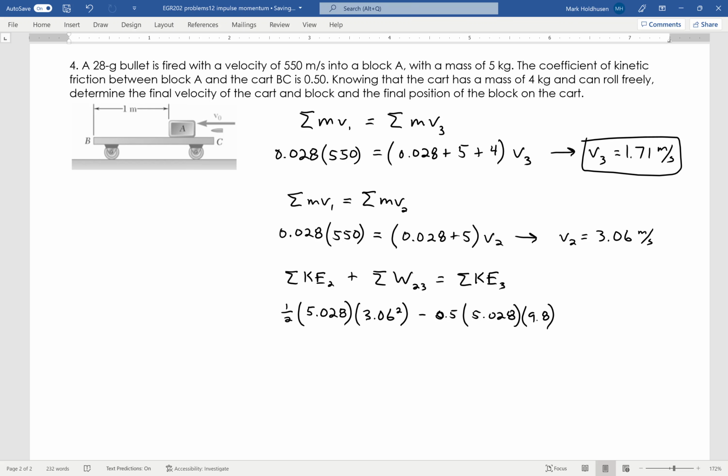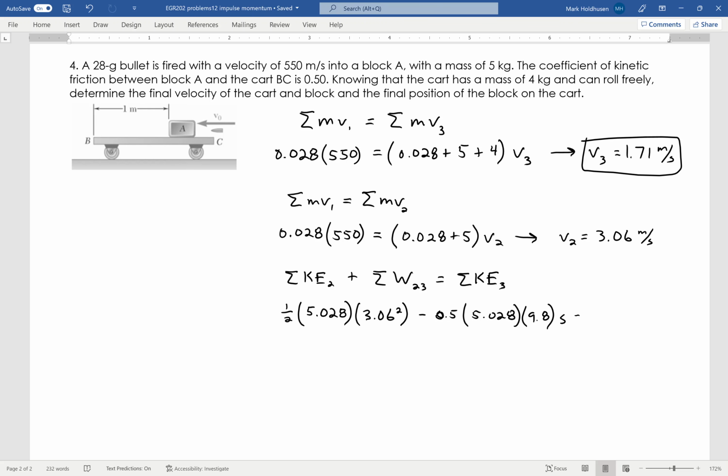That's times the distance it travels, which I'm trying to find, because work is force through a distance. That's negative because friction opposes the motion.